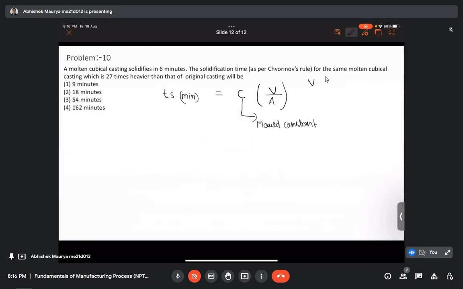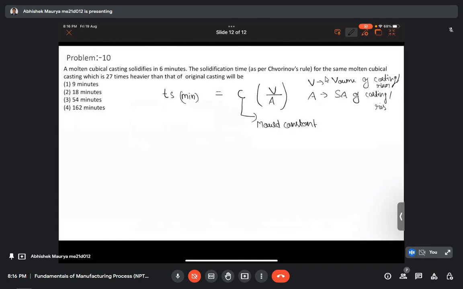V is the volume of casting, A is the surface area of casting or riser.